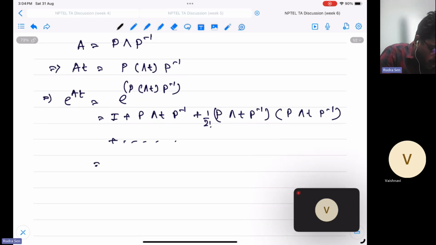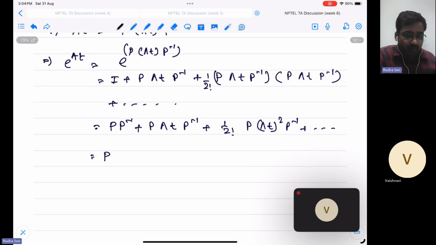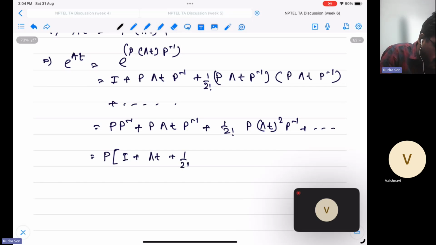If we write I in P inverse format, we get P lambda t P inverse plus 1 by factorial 2 P lambda t squared P inverse in that format. If we take P common from the left side and P inverse from the right side, we get this structure.